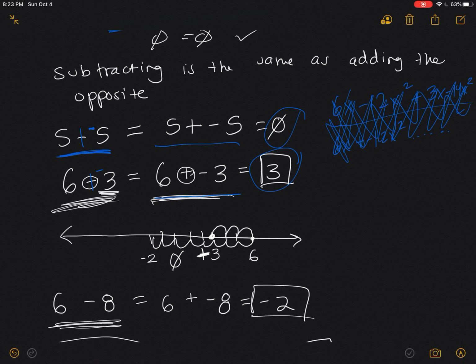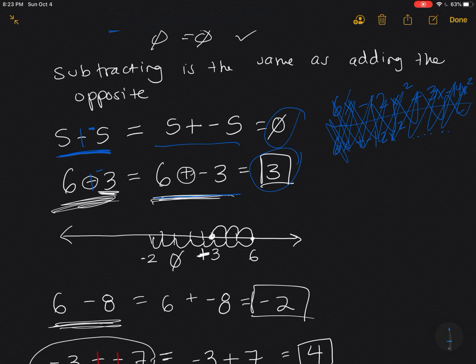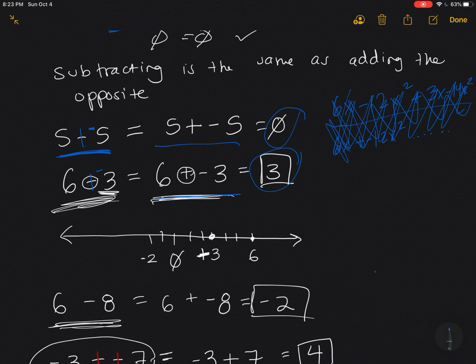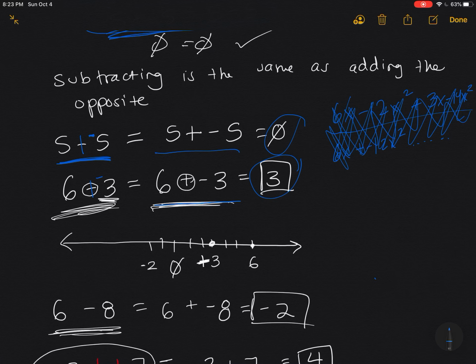Right, and if you look at a number line, maybe I should erase it so I can restart that. Right, so if I were going to subtract 6 minus 3, if you add, you go to the right. If you subtract, you go to the left. I get 3. If I add the opposite, if I add a positive, I go to the right. If I add a negative, I go to the left. I still get 3.